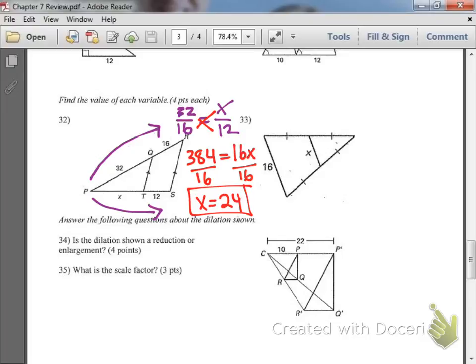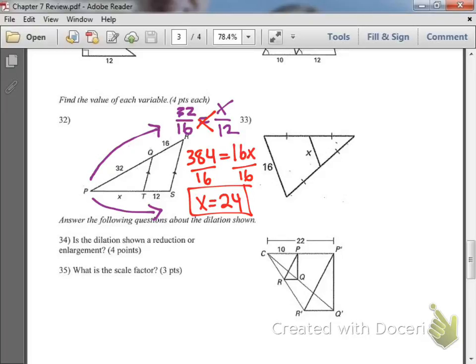All right, number 33, this is the median, the mid segment of the triangle. The mid segment is related to this side, how? If this is 16, what's this one? It's always half the size, so it's going to be 8.